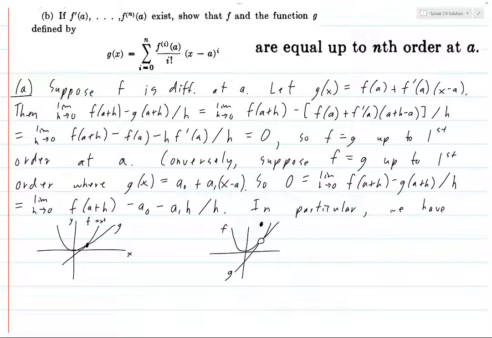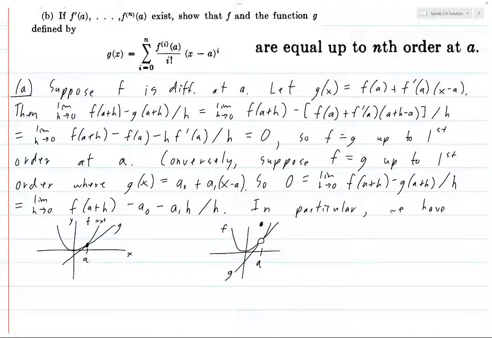So this point where we have the discontinuity is a. f and g are still equal up to first order at a, because when you take the limit, you're not considering the value of f at a. However, f is not differentiable at a because f is not continuous at a.